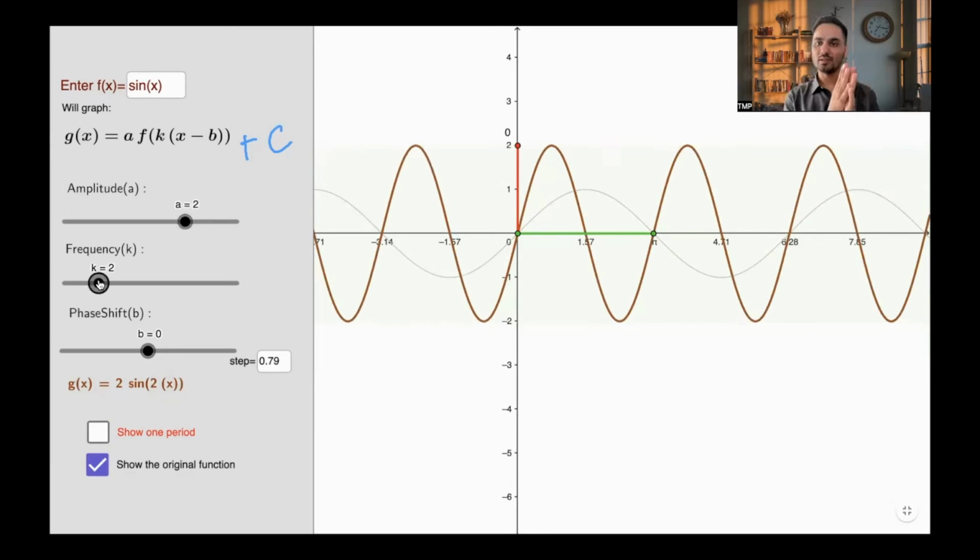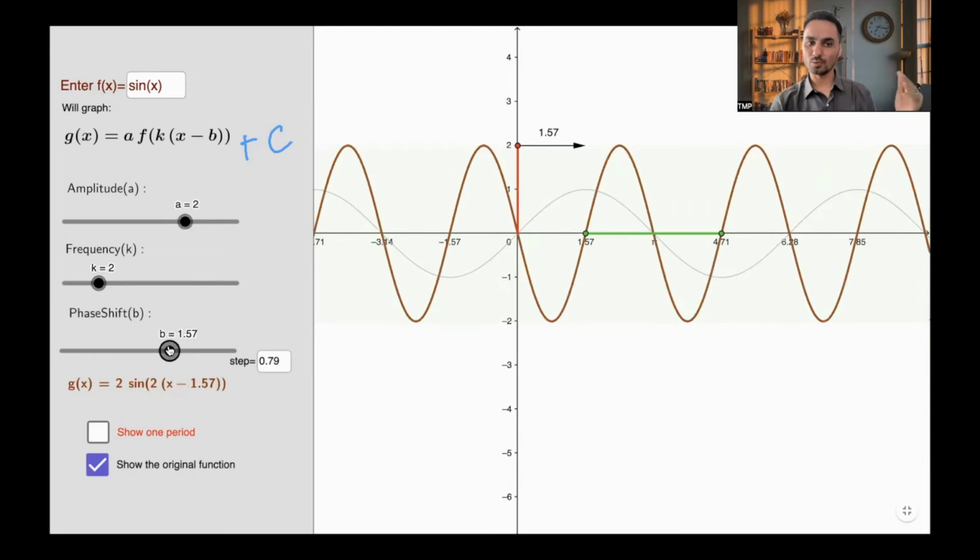And you see that now in the interval 0 to 2 pi, you see 2 cycles instead of 1 cycle. And let's try the phase shift. So if we increase the value of b from 0 to 1.57, the graph is shifted 1.57 units to the right.